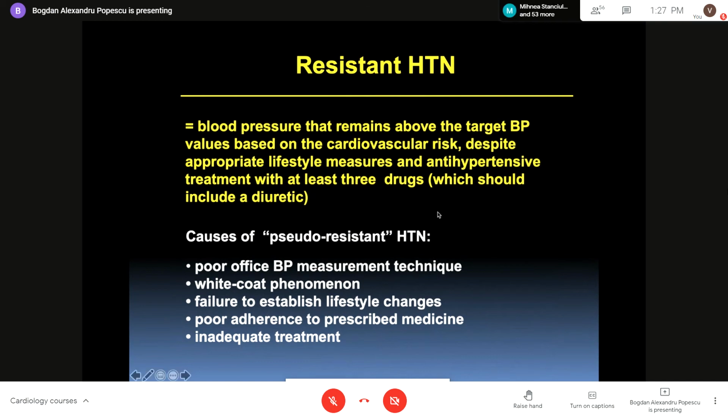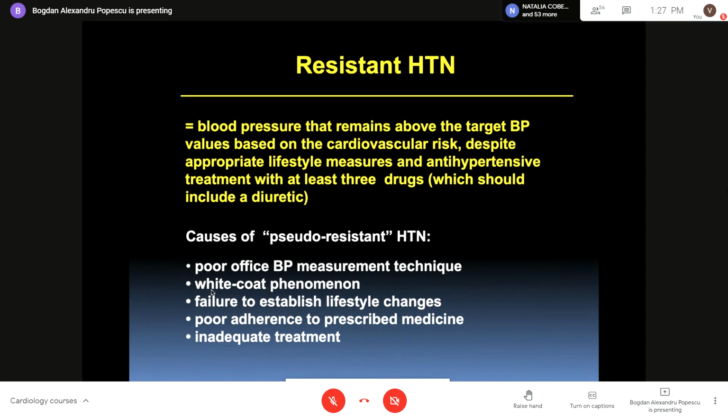So this is the definition. We've already discussed pseudo-resistant hypertension. Sometimes it depends on the measurements. Sometimes it's a white coat phenomenon. It is increased when the patient comes to the office, but it's normal when he goes home. So that's why I told you yesterday we need sometimes to think of ambulatory blood pressure monitoring.